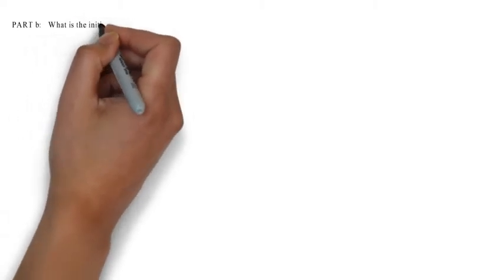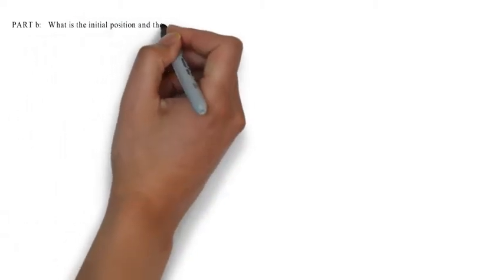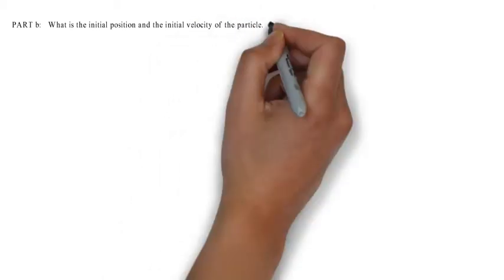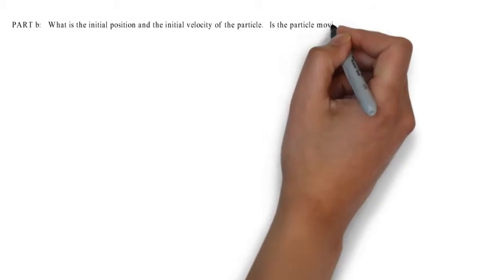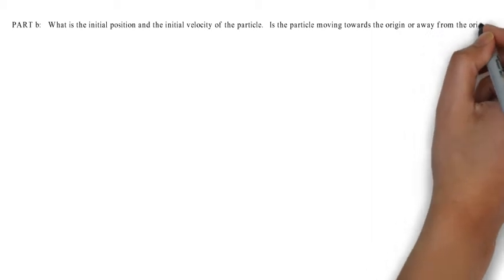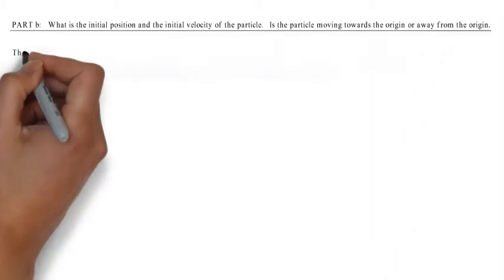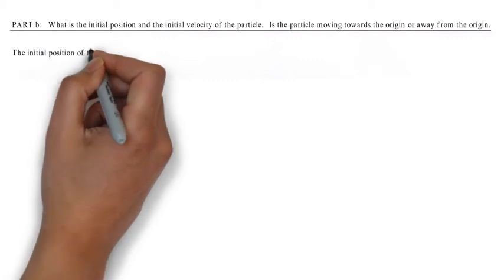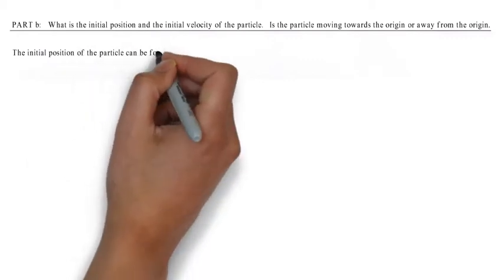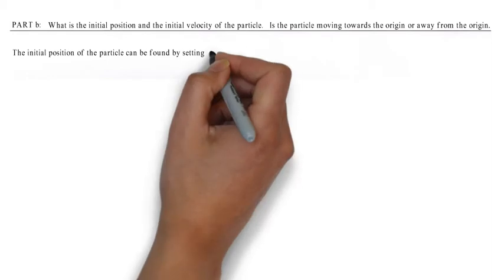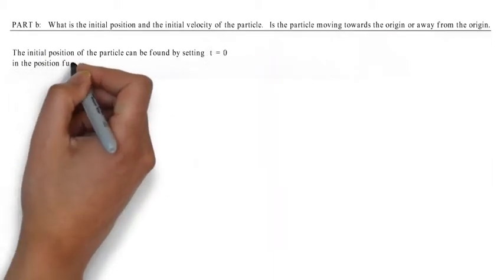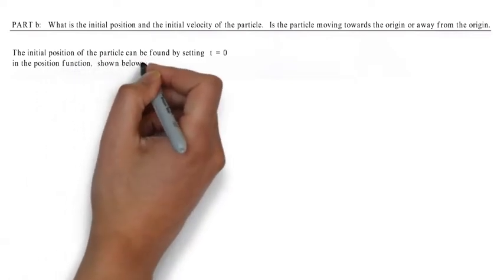Part B. What is the initial position and the initial velocity of the particle? Is the particle moving towards the origin or away from the origin? The initial position of the particle can be found by setting t = 0 in the position function shown below.